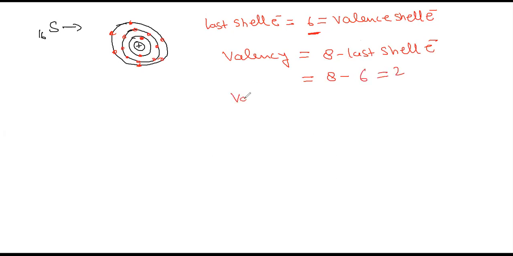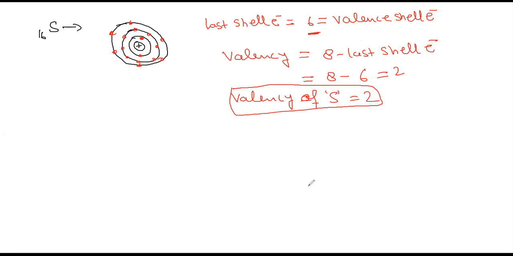So the general valency of sulfur is 2. This is the general formula, and we will discuss variable valency later. For today, I am going to stop.